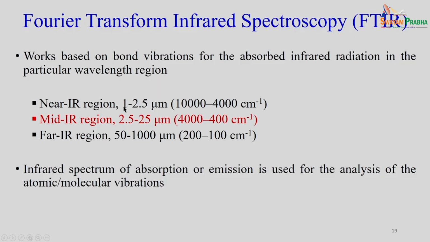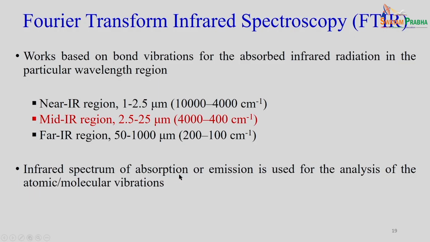Near IR means wavelength is 1 to 2.5 micrometer, mid IR is 2.5 to 25 micrometer and far IR is 50 to 1000 micrometer. Different functional groups will get activated at a particular wavelength, or wave number. Most commonly you go for the mid IR region, 400 to 4000 centimeter inverse.